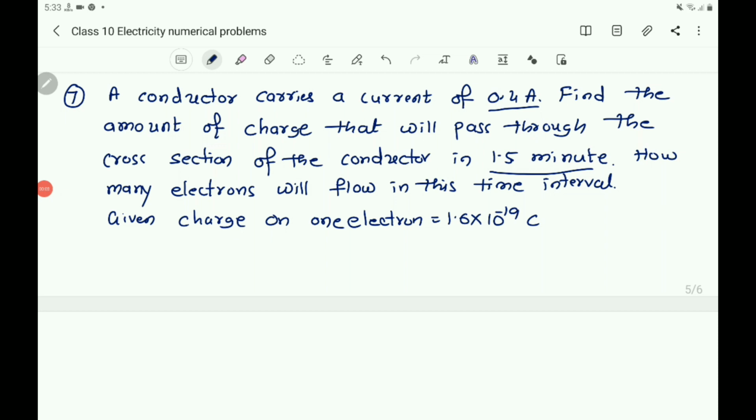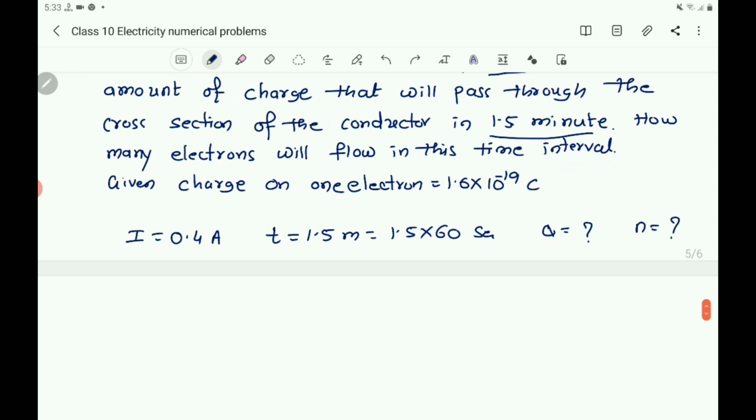Here current is given, that is I equals 0.4 amps and time is given, t equals 1.5 minutes, that equals 1.5 into 60 seconds. Then what you have to find out? We have to find the amount of charge, that is Q equals question mark, and also N equals question mark, the number of electrons.